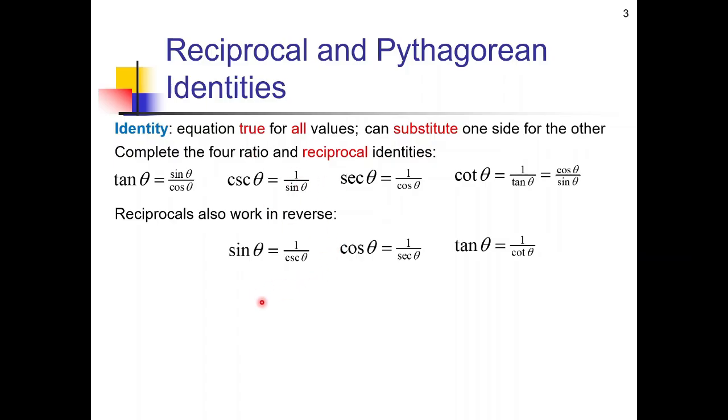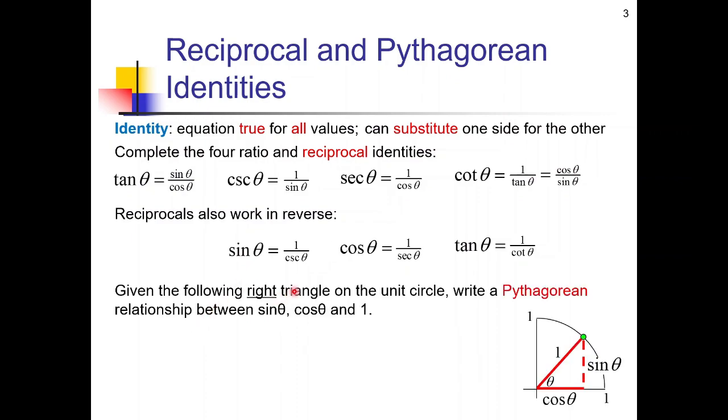We're going to look at another group of identities real quick here. So let's say that we have a right triangle on the unit circle. And we already know that the x value is the cosine, the y value is the sine. So that also corresponds with the base and the height of this triangle. Using this triangle, see if you can use the Pythagorean theorem to set up a relationship between sine, cosine, and 1.